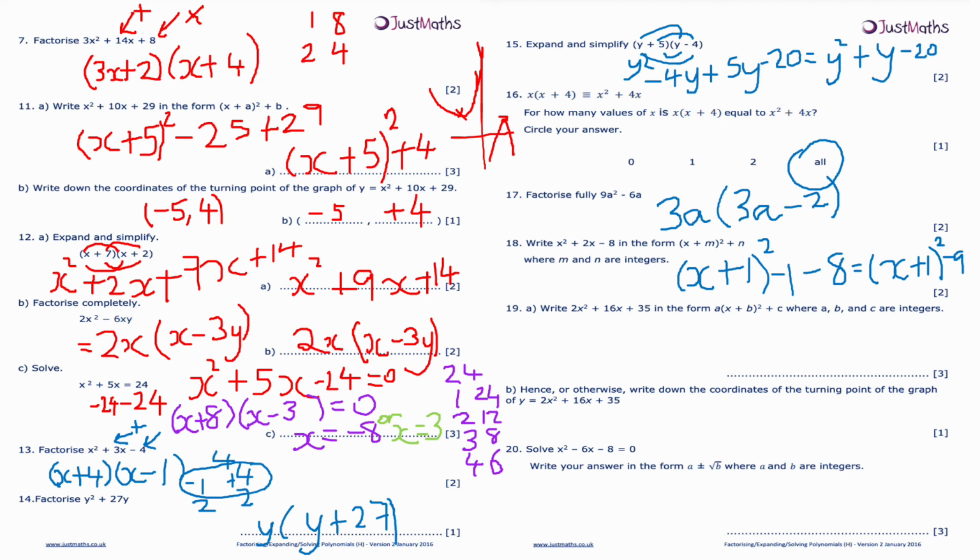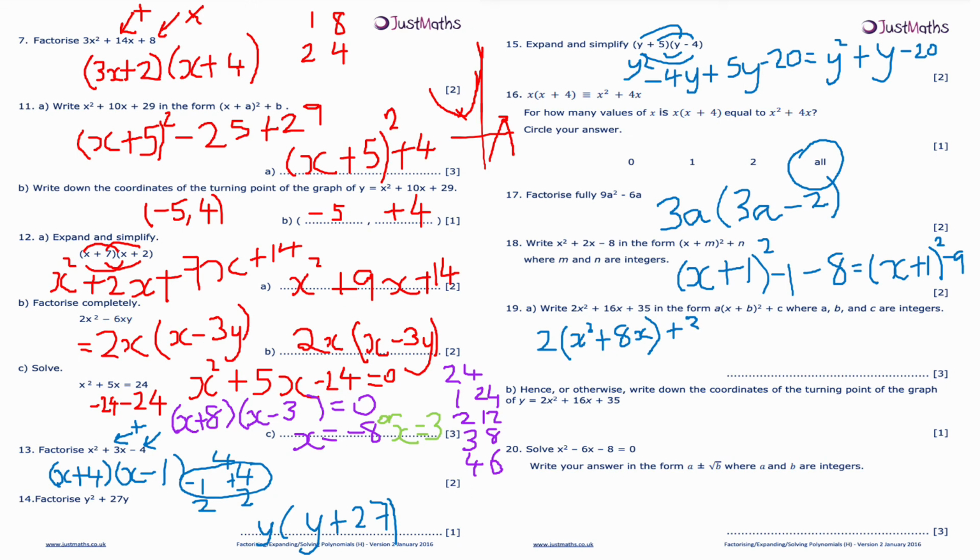Question number 19a. Write this quadratic expression in completed square form, where a, b, and c are integers. So again, factorizing, taking the 2 as a factor for the first two terms, x squared plus 8x, then close my brackets, and I'm going to have a plus 35 here.